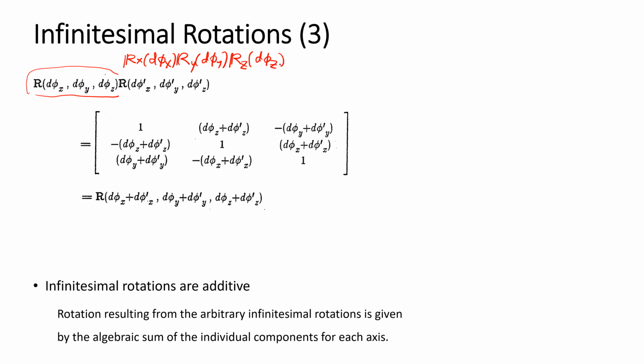With this order, we can switch the order. The switch is applicable. We're gonna have the same product of these three matrices.